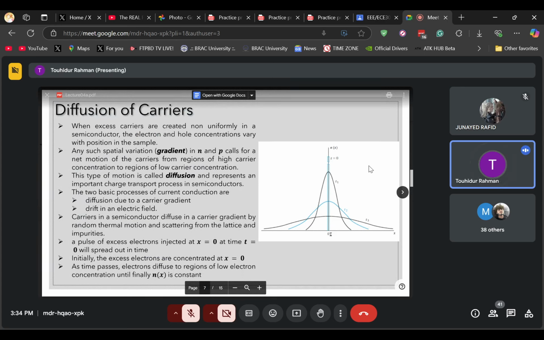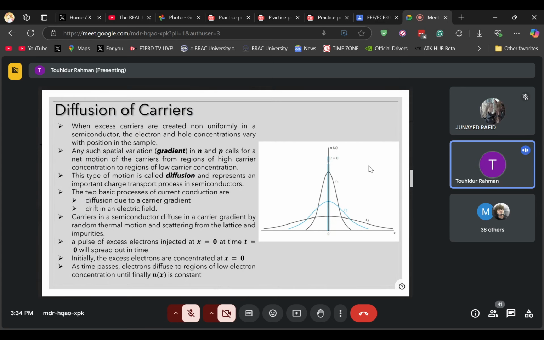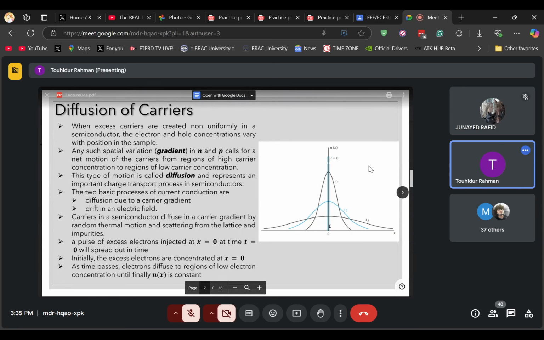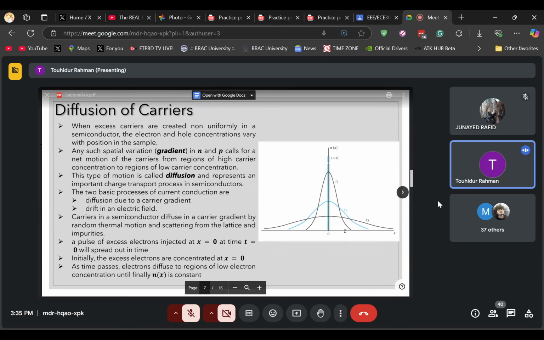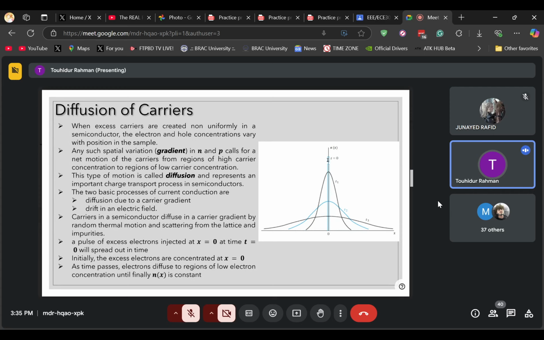If we do that, initially there will be a high concentration of carriers, but the pulse will be very short, as I just showed you, and the magnitude is very high. Now we have a very high concentration, and after that we are removing the energy, so no more EHP. However, because of this initial EHP, the concentration will be very high here. Then that means there will be diffusion.